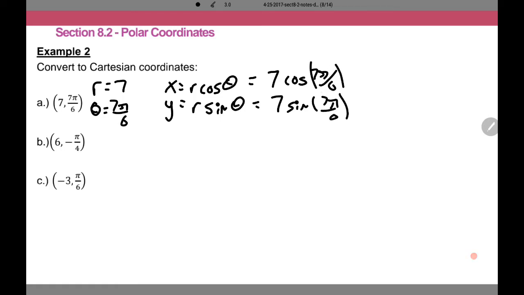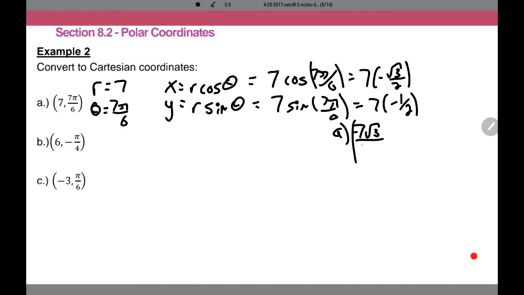We know what that is from the unit circle. The cosine of 7 pi over 6 is negative square root of 3 over 2, and the sine of 7 pi over 6 is negative 1/2. That gives us an answer for part A of negative 7 square root of 3 over 2, comma, and our y value would be negative 7 over 2.